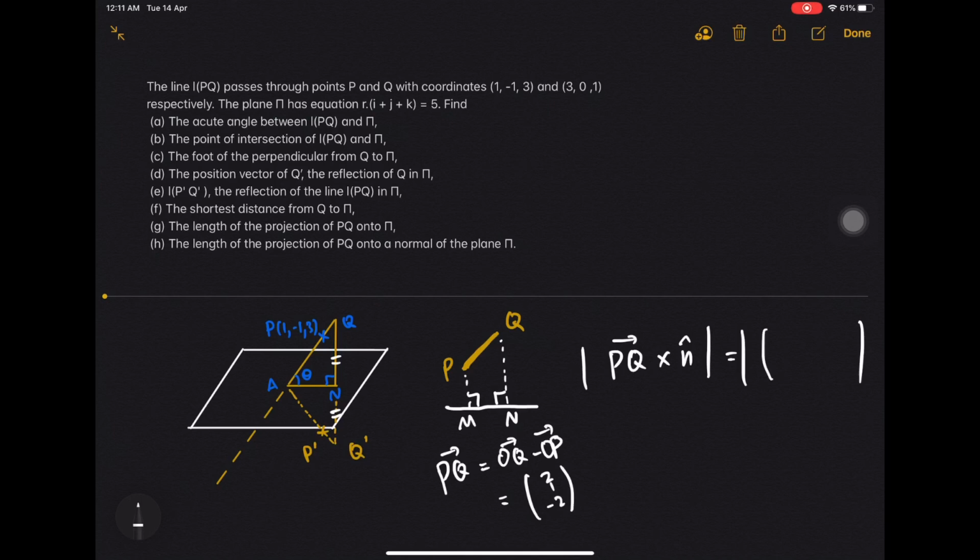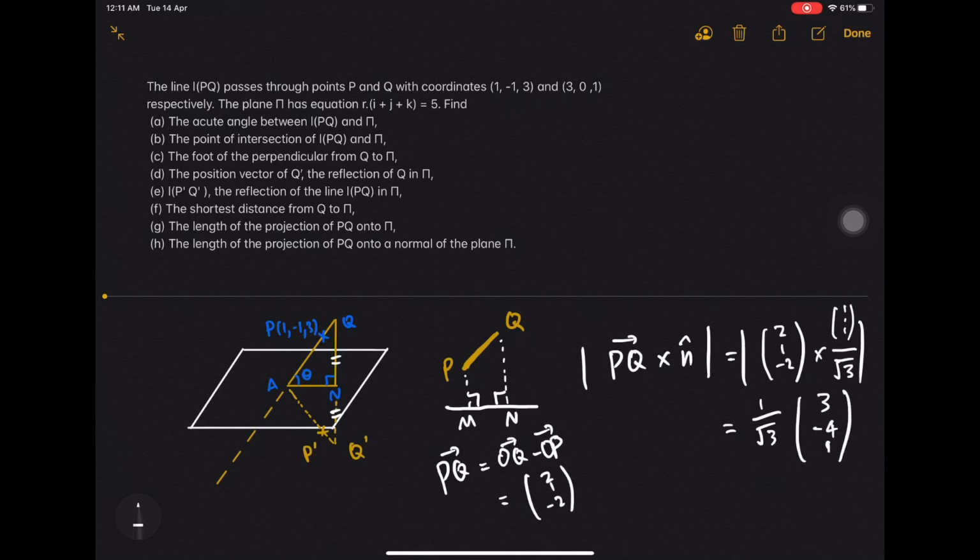We're going to cross product this with n, which is my normal vector of the plane, so I have 1, 1, 1, and you get square root 3. If you solve this, you get 1 over square root 3 times 3, minus 4 and 1.